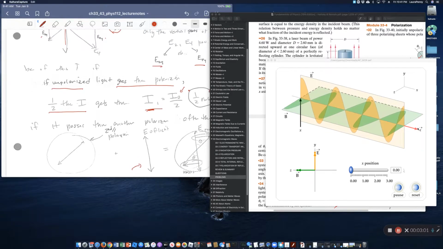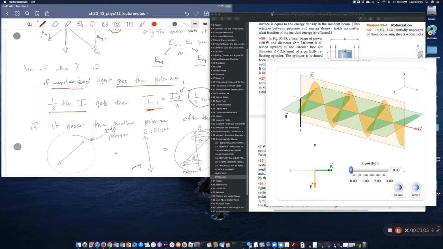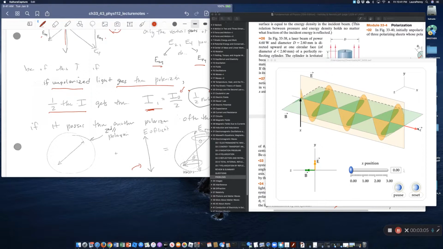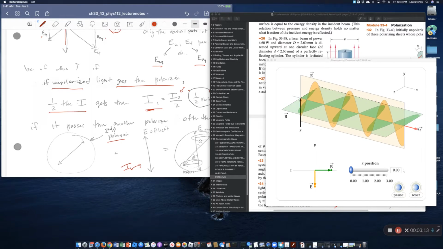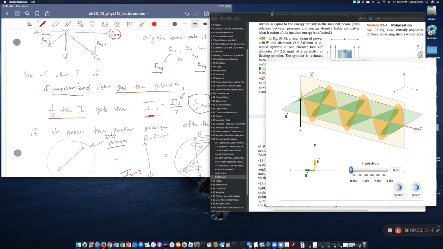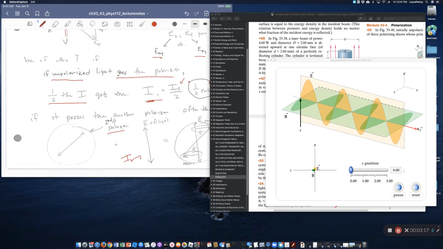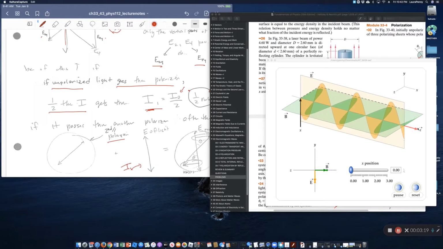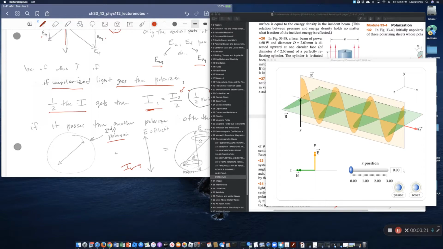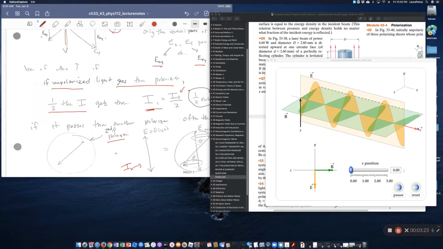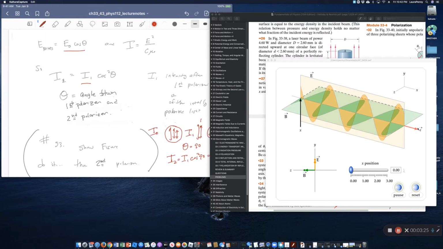If it passes through another polarizer after that, so here's our second polarizer, and this was the E1 light that's coming into it, only the component of that light that can be written into that direction, into that new polarizer with this theta, is actually going to make it through.